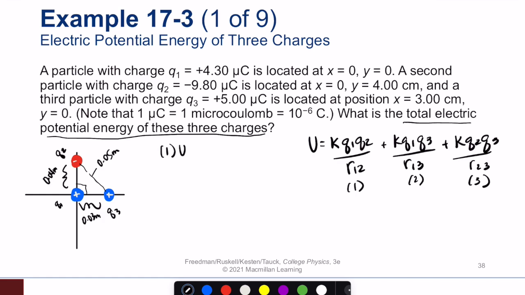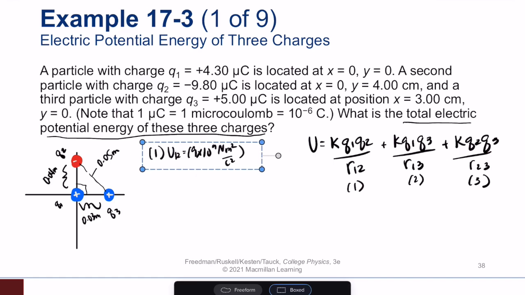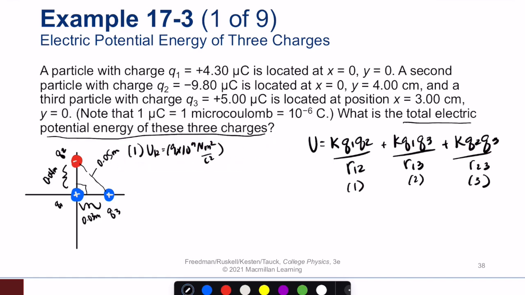So U12 is going to be 9 times 10 to the 9, Q1 times Q2. Yeah, I'm going to need a lot more room than that. Let's move you over. So 4.3 times 10 to the minus 6, negative 9.8 times 10 to the minus 6.